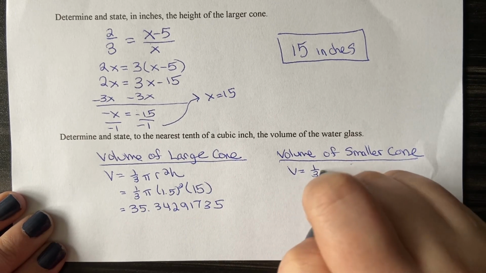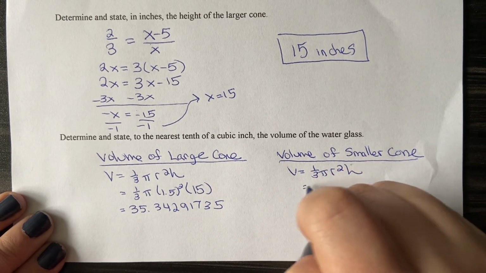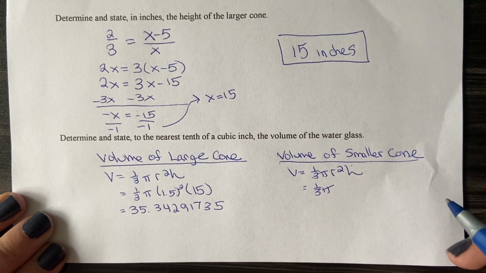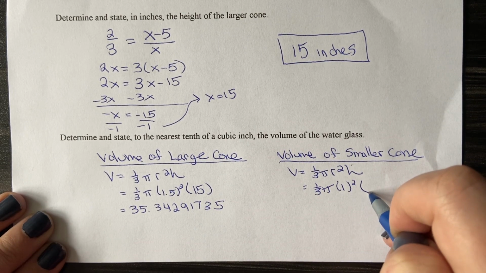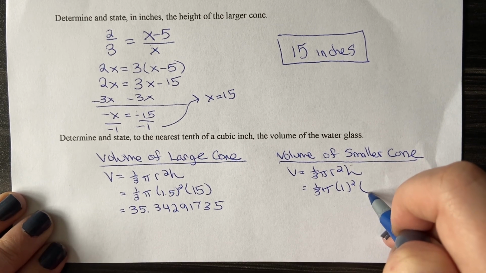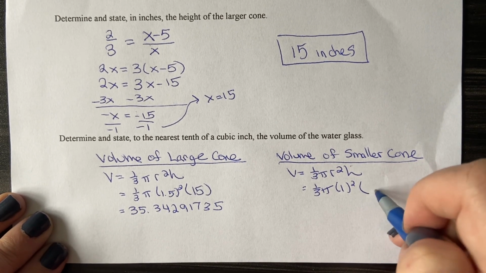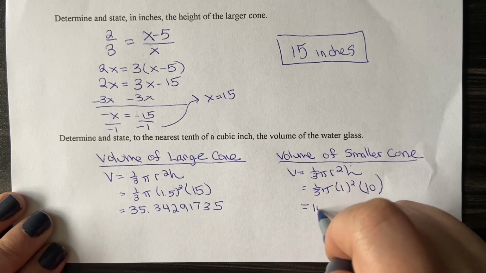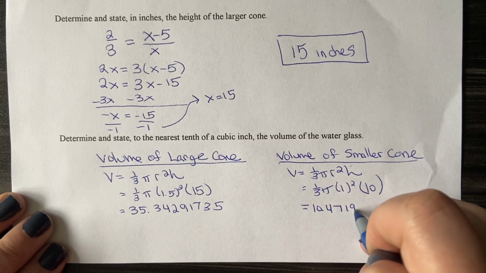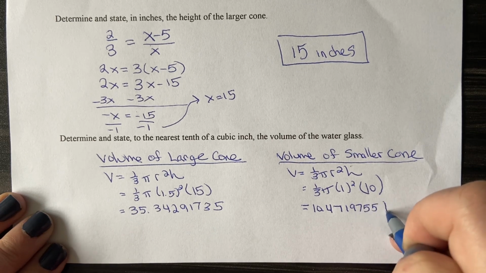Then you have to find the volume of the small cone. Volume is 1/3 pi r squared h, or 1/3 pi. Now half of 2 is just 1, so it's 1 squared times the height of the small one, which is x minus 5. So x minus 5 is 15 minus 5, or 10. This one gives you 10.471975551.